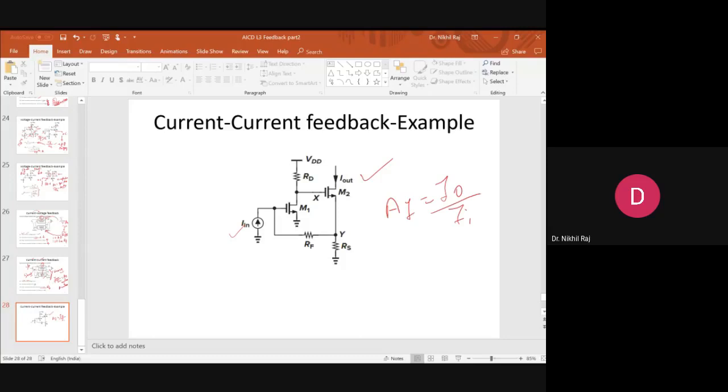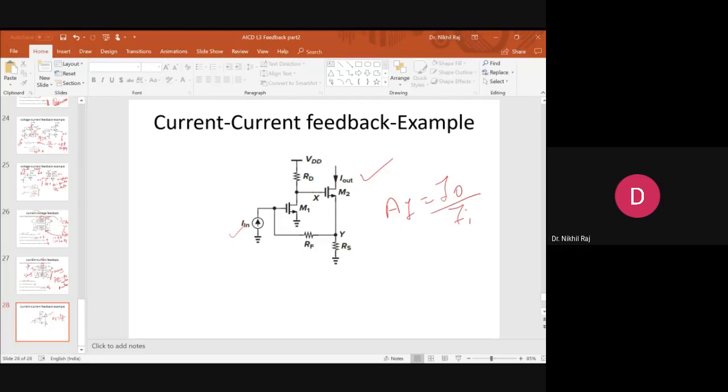This means a series introduction by beta will increase the impedance, a shunt introduction by beta will reduce the impedance. Then the bandwidth will always increase by the factor of 1 plus A beta. A is your feed forward amplifier gain, and beta is your feedback gain. The feedback value depends upon the configuration of the amplifiers. So these 4 types of feedbacks we have seen.